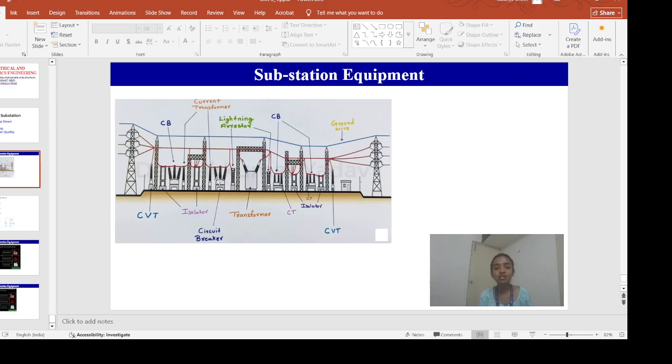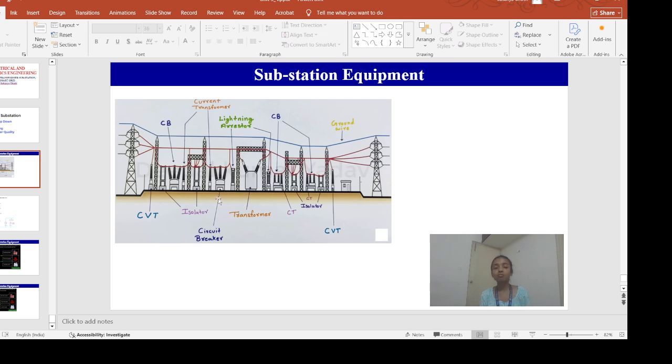So this circuit breaker is an electromechanical switch. Whenever there is a faulty condition in the transmission line or the transformer, it will make the current zero, and make sure that all the equipment connected to it is safe.